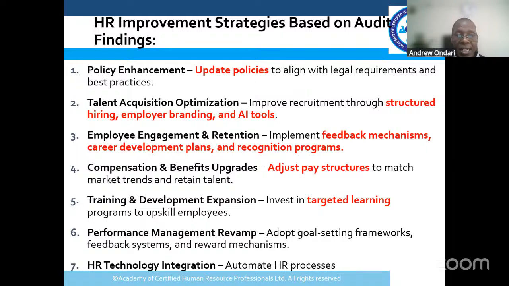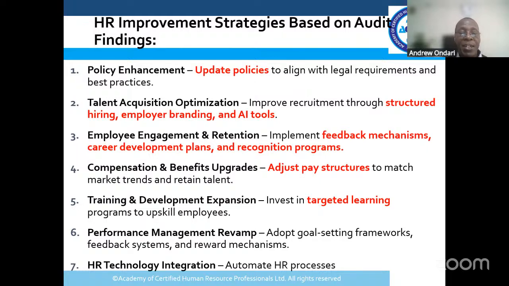And then the very last strategy is to integrate technology into our HR functions. I have already mentioned that, and one of which is the use of AI. The other one is the use of technological tools, like what Siama mentioned. They use Microsoft 365.